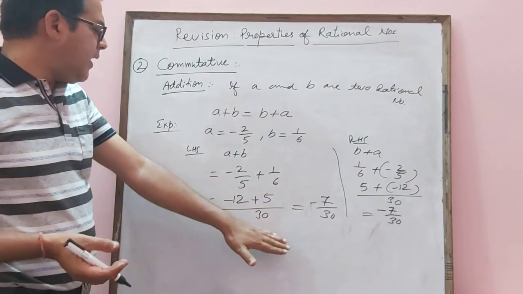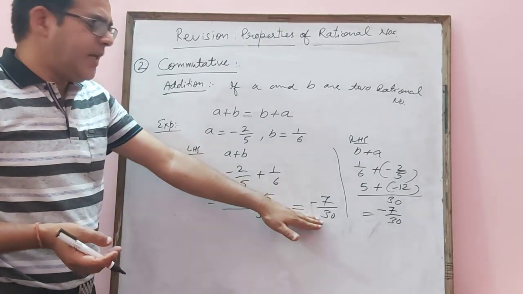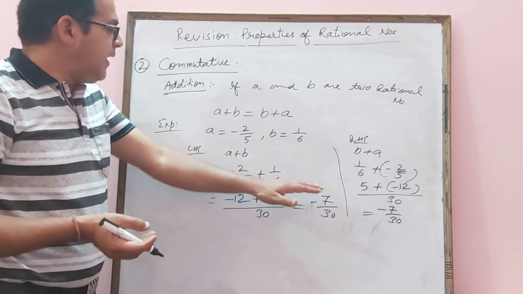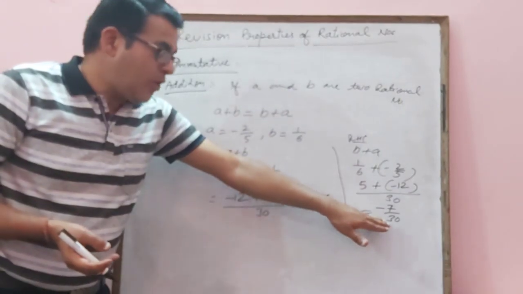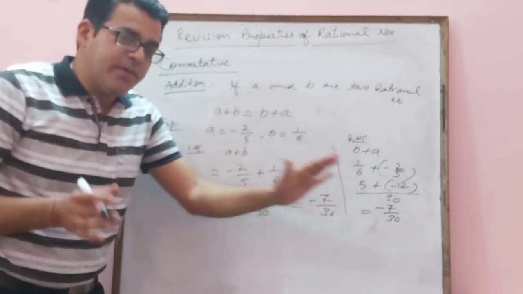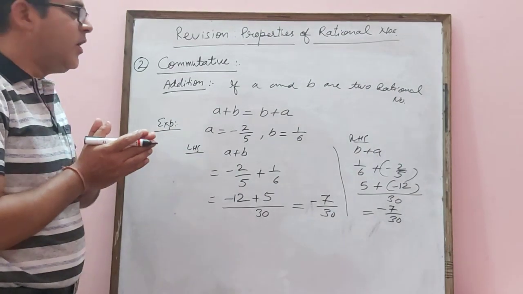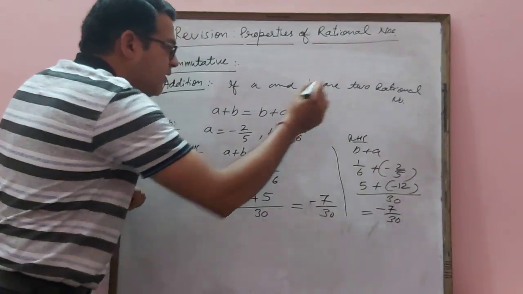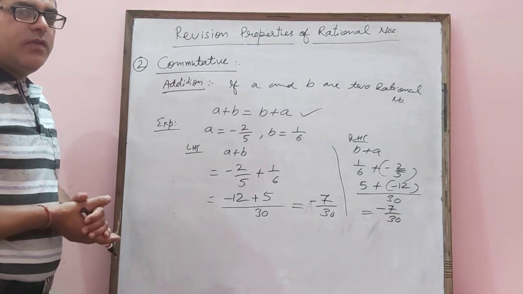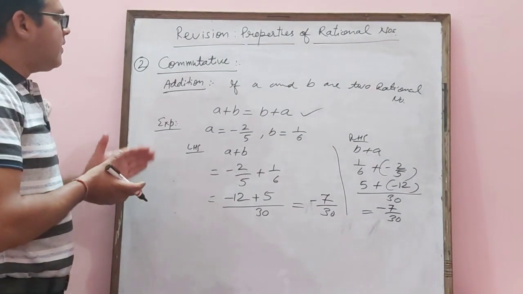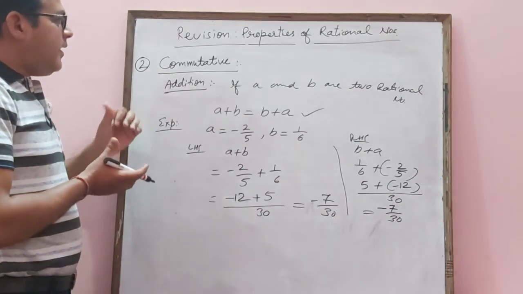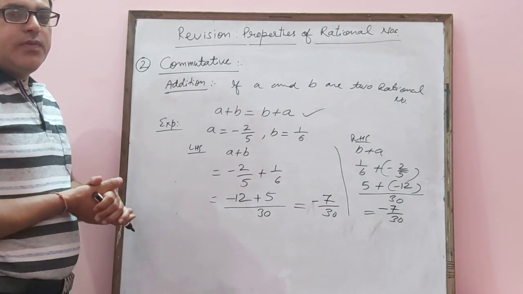So you can see here the value of the left hand side is minus 7 upon 30, and the value of the right hand side is also minus 7 by 30. It means both sides are the same, so this relation is true. It means we can say that addition is commutative. Right?